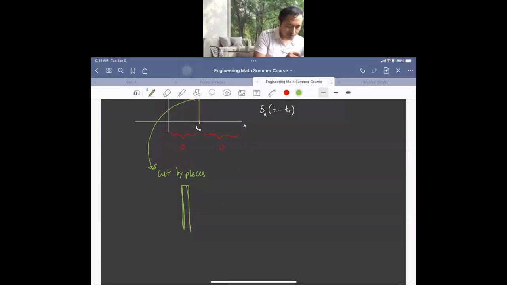It's very small, but we can imagine this as a rectangle like that.